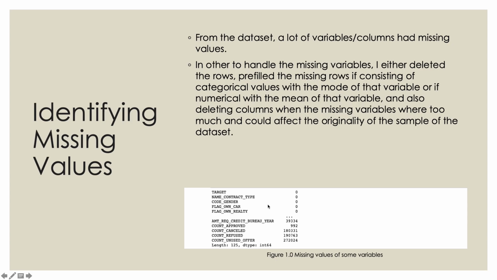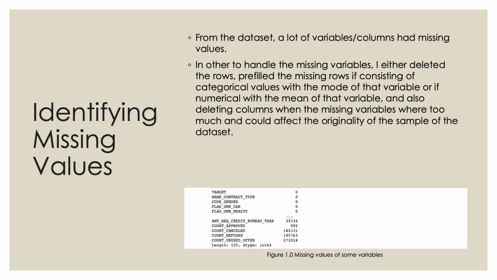You can see from the missing values that fewer clients had offers that were not approved. Most clients will have one or two or more offers that were approved, but not every client will cancel their offers or have refused offers. So those missing cells just had to be filled with zero, since there was no count for those values. It was easy to prefill those missing cells.